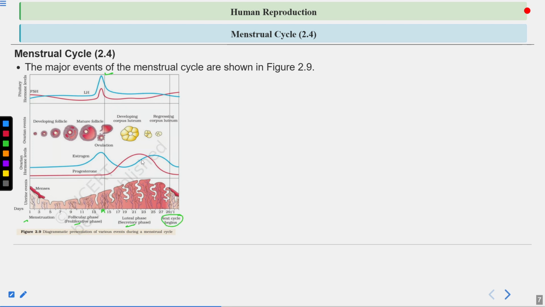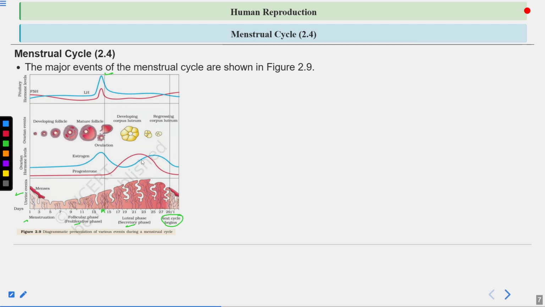So this figure is very important. What is happening here? You can see they have divided all the events according to the different stages. We'll talk about the uterine events, and within this, the endometrium and how it changes in these stages.